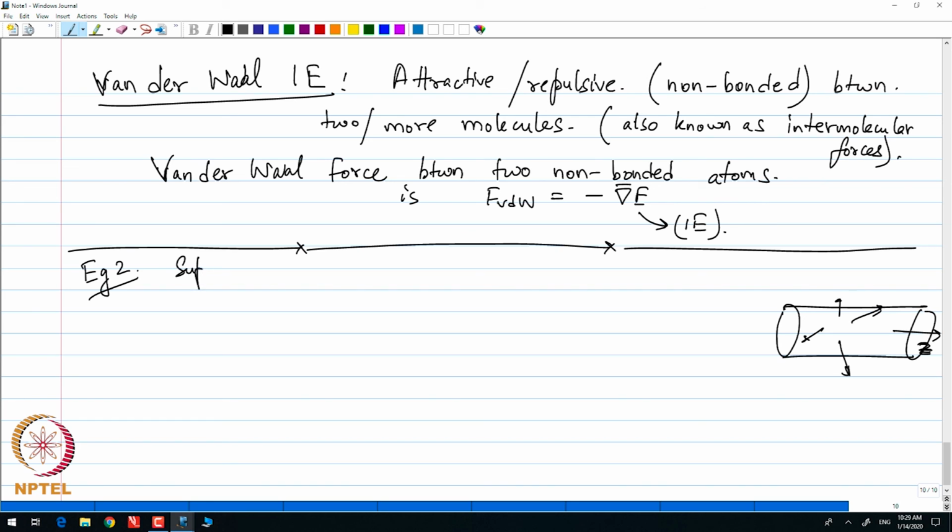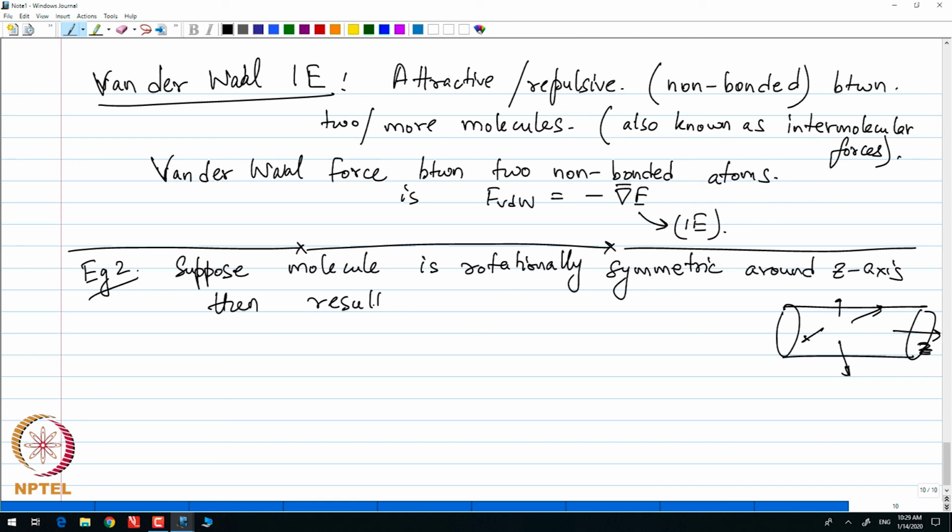So, suppose my molecule, which is the molecule that we are after, is rotationally symmetric around the z axis, then the resultant force is in the axial direction, right, and my F van der Waal, F vdW, is given by the negative of the derivative of the interaction energy with respect to the axial direction z, and this has the direction k hat.